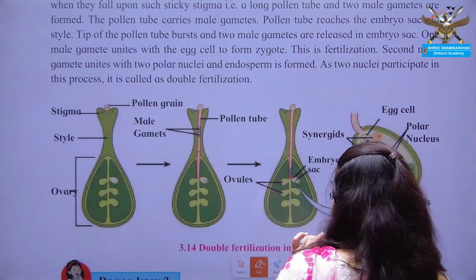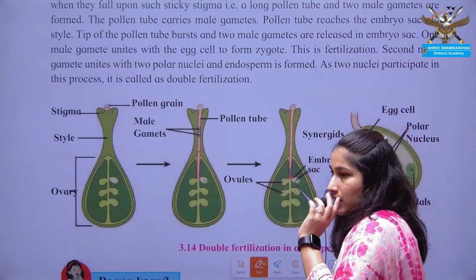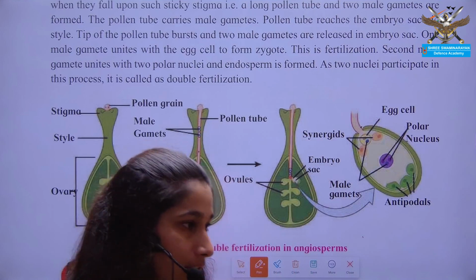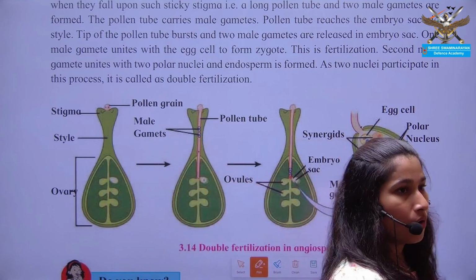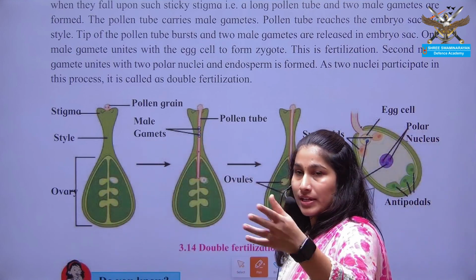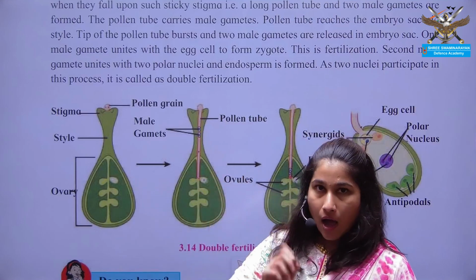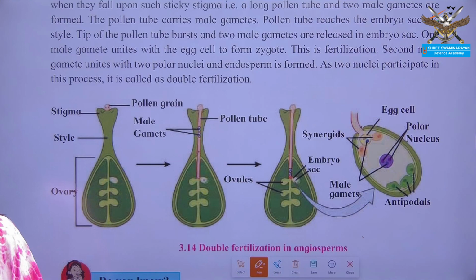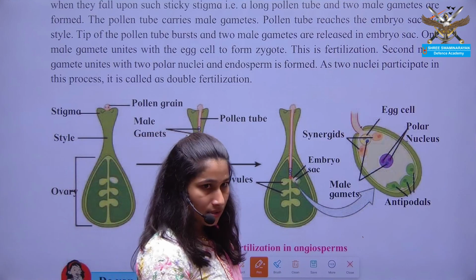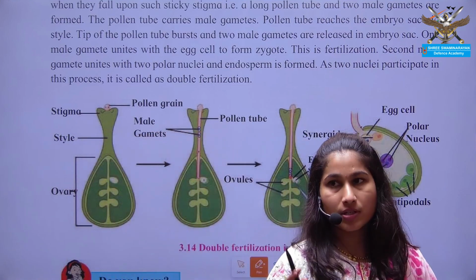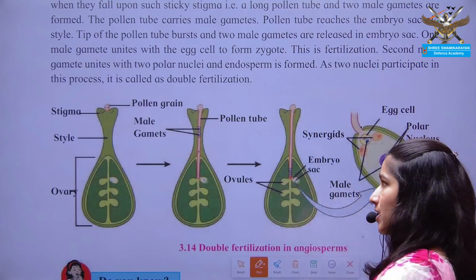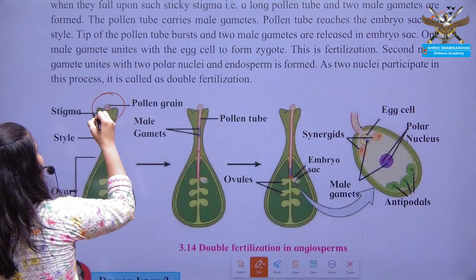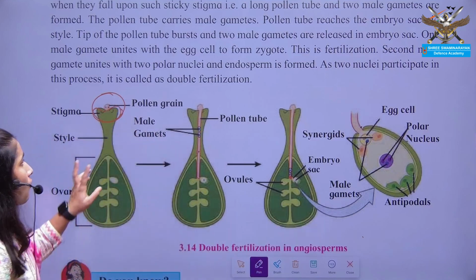Carpel contains stigma, style, ovary. Stamen contains anther and filament. Anther bursts open to release the pollen grains. Now these pollen grains are transferred from anther to stigma, and this process is known as pollination. And once the pollen grain reaches this stigma, then what happens?